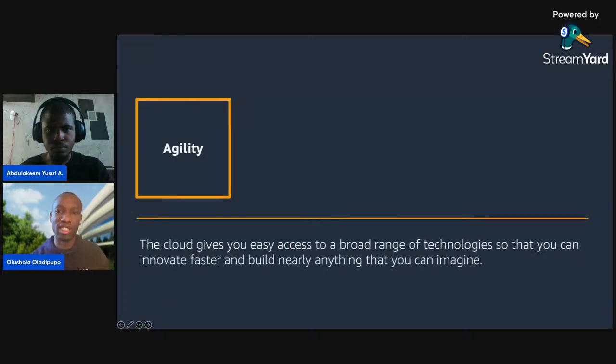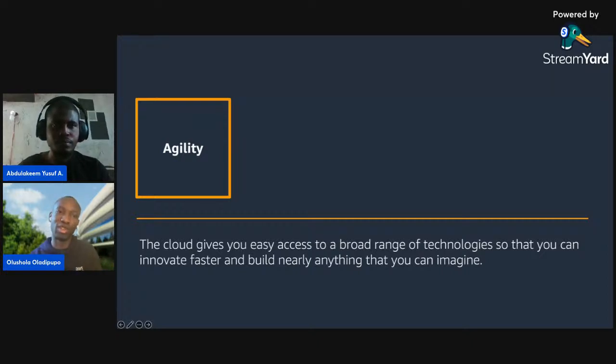So the first one is agility. Agility basically means faster time to market. What that means is that AWS, for example, lets customers quickly spin up resources as they need them. So you can literally deploy hundreds or thousands of servers in minutes.